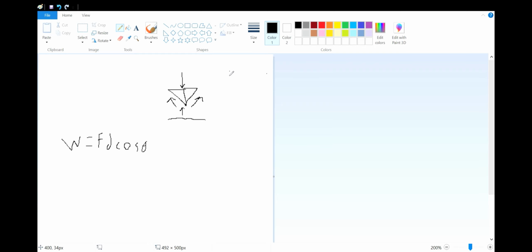We can also see that the mechanical advantage of the wedge based off these forces will be the length divided by the width, ignoring factors such as friction.